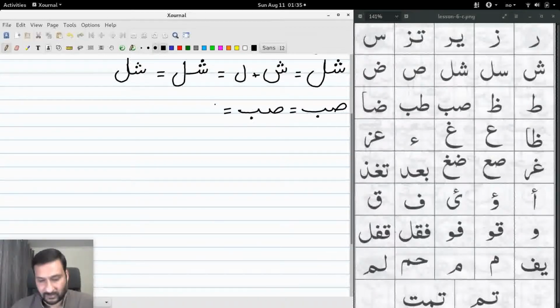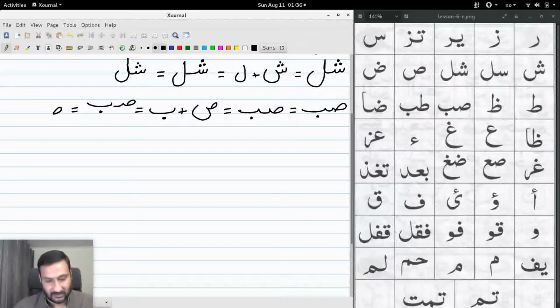And this is of course a combination of Sod and Ba. So Sod is in the beginning, so Sod takes its first form like so, and then Ba joins it, which makes it Sod Ba.